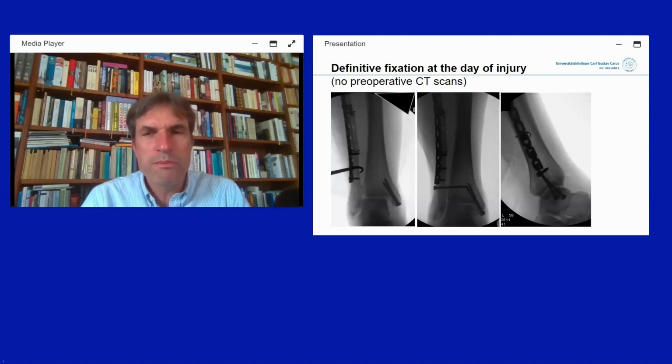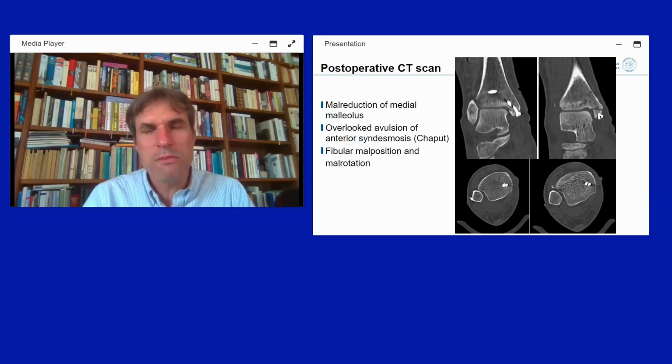And when you look at the post-op images with the image intensifier, it looks like that. But there's nothing worse than a post-op CT scan for the surgeon, but maybe not so much for the patient. And here you can see that it's not as perfect as it might look in the images.